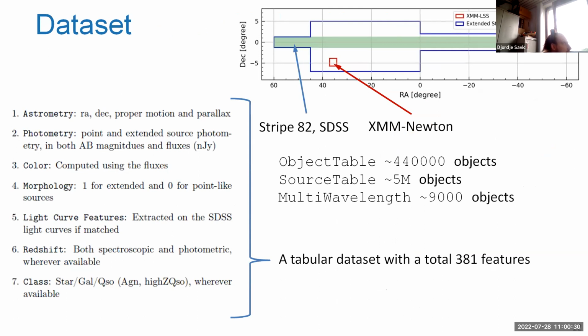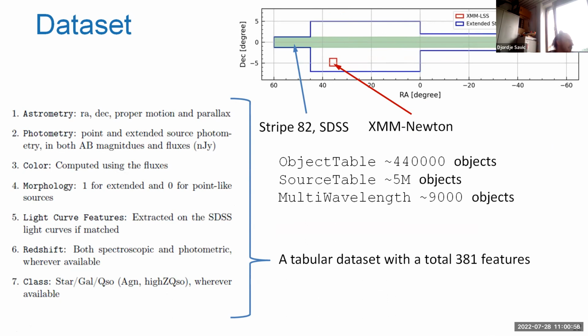And as Weixiang described, the dataset was pulled mainly from the Stripe 82 region for the extended, with the addition of the XMM LSS field. In total, we have around 400,000 objects, of which roughly 400 thousand are with known labels.